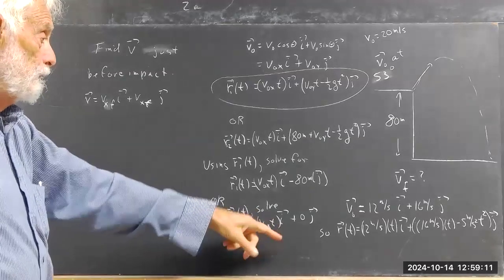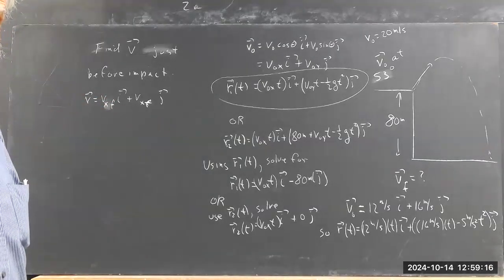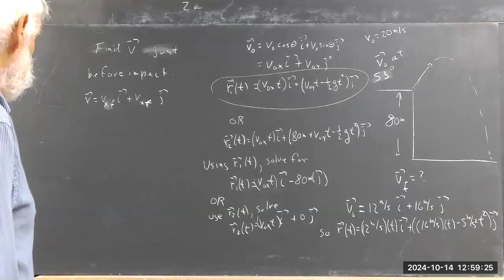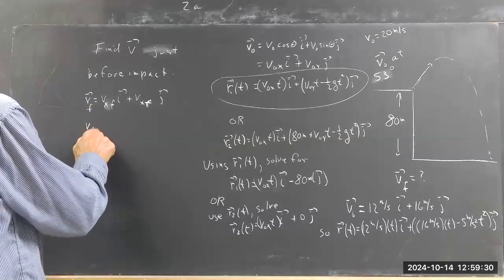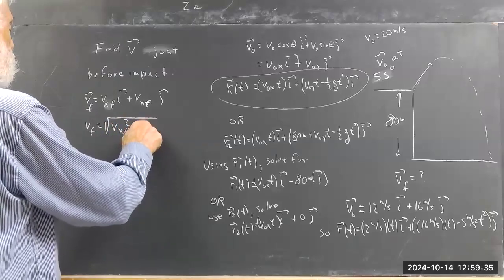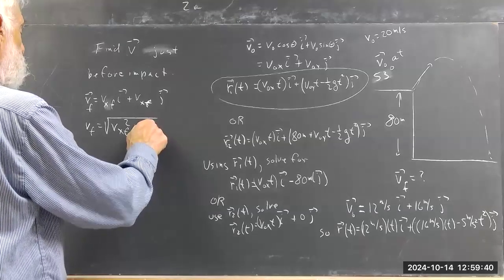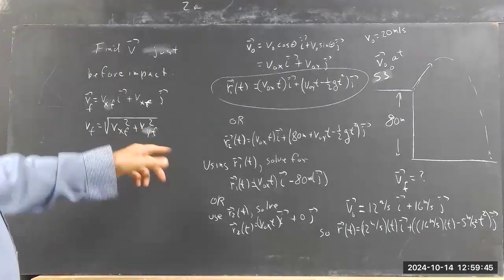You're just going to plug the time you get when you solve this equation into your velocity function. And you're going to get an x and a y component. Then you're going to use the Pythagorean identity.